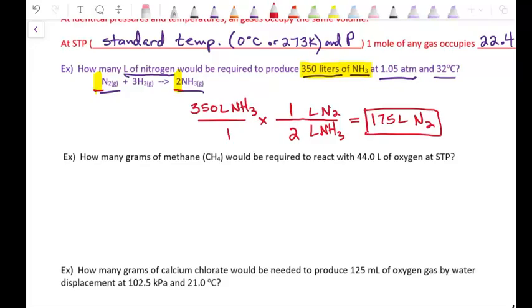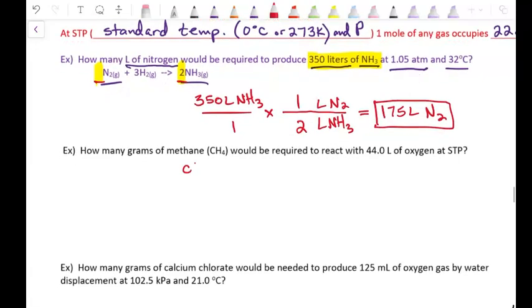Okay, the next question is a little different. It says how many grams of methane, which is CH4, would be required to react with 44 liters of oxygen at STP. So let's start by coming up with a balanced equation. It's CH4 reacting with oxygen, which is O2.